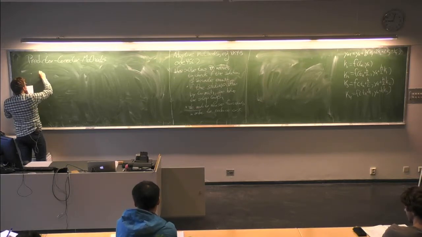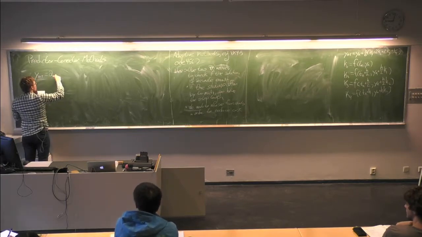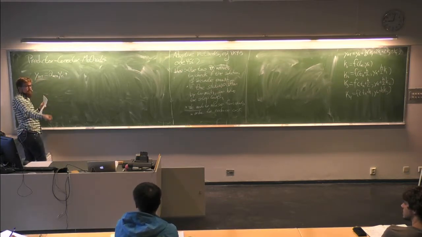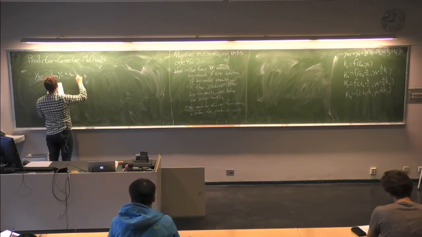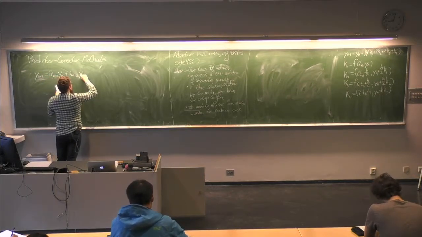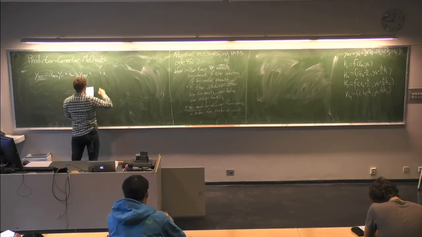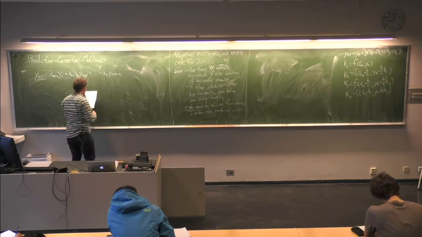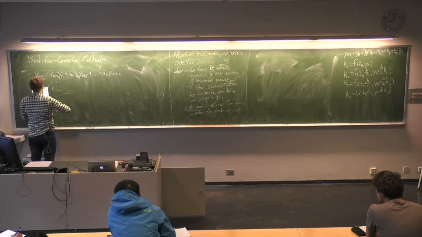So in general, we have y_{k+1}, minus y_k, and then we had some kind of function evaluations. But now we'll do more of them. Minus y_{k-1}, minus y_{k-2}, down to y_{k+1-m}, times h.